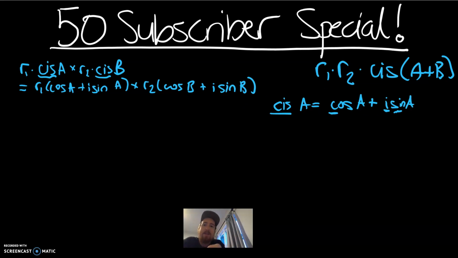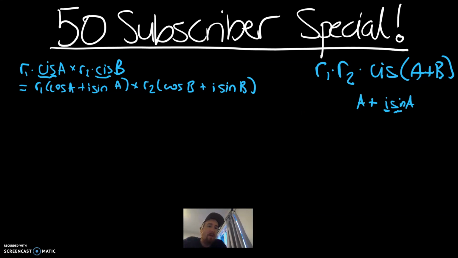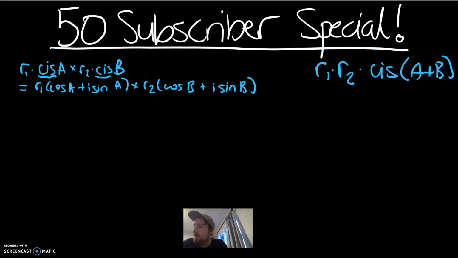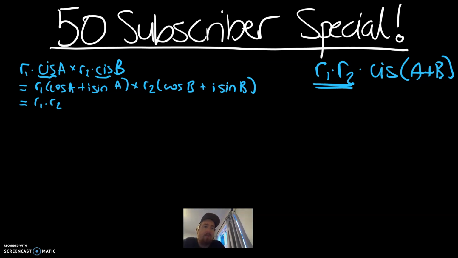I'm now going to get rid of that so I've got more room to work, because I am anticipating needing a lot of room to finish this proof. The next step is rearranging the form of our equation. We can see everything is multiplication, so we're going to move this R2 to the front. So it's going to be R1 times R2, and straight away, looking at our goal, we've got that down there.